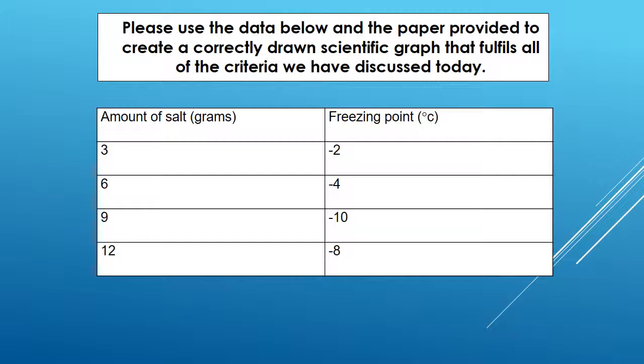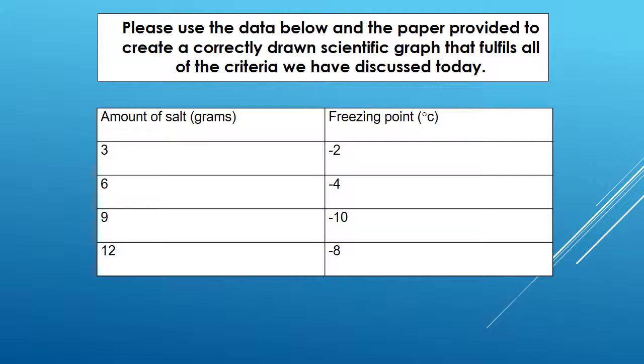In a moment, I am going to hand out graph paper. You need to use this graph paper and the data below to create a correctly drawn scientific graph that fulfills all the criteria we have discussed today. You can do this with the criteria list in front of you.